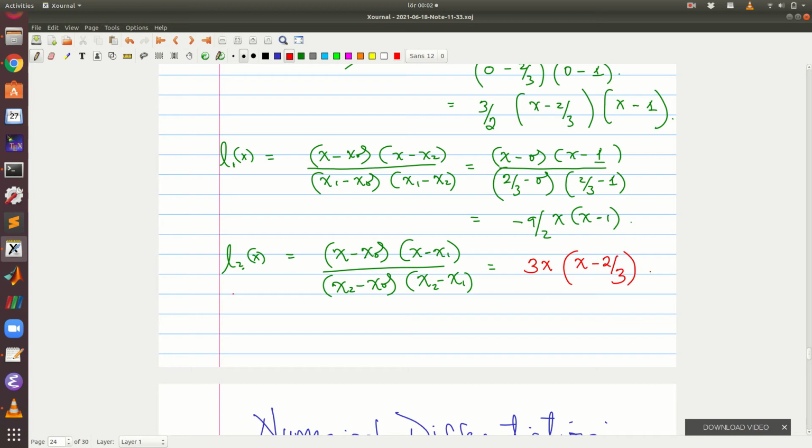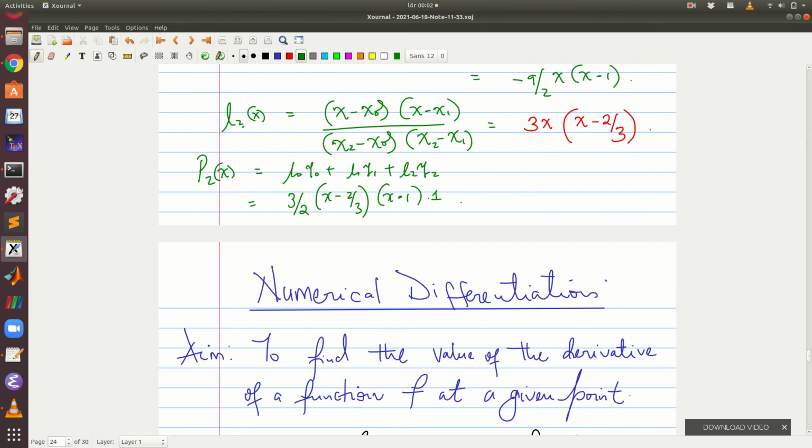Okay, and then now we just come and substitute in our formula here, p2 of x, which we said is L0 y0 plus L1 y1 plus L2 y2, and then when we substitute L0, we found out that it was given as this, and then we multiply it into this, then y0 is 1, the value of y0 is 1, so we have times 1.